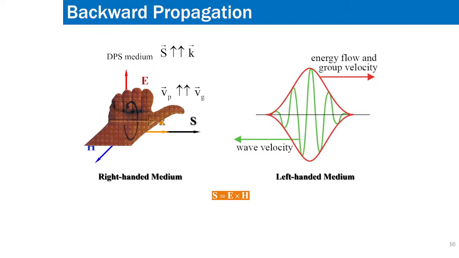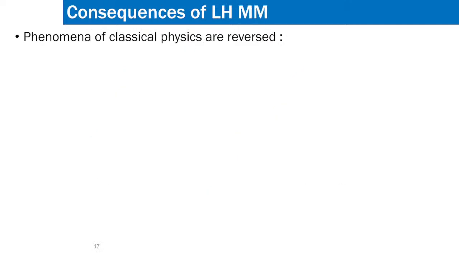Next. Now, because of this phenomenon, in left-handed material, mu is negative, epsilon is negative, n is negative. Because of this, what are the consequences? The consequences are that some phenomena in classical physics are reversed.